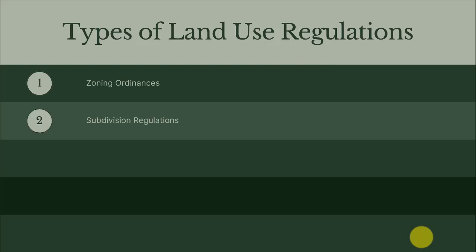So, subdivision regulation. We had talked about how parcels are of different sizes, where you might have one parcel that's 6,000 square feet and has just one house on it, while on the outskirts of town you may have a 20-acre parcel. Okay, so subdivision regulation is the regulation that goes into taking that 20-acre parcel and subdividing it into smaller parcels that you can sell to individuals.